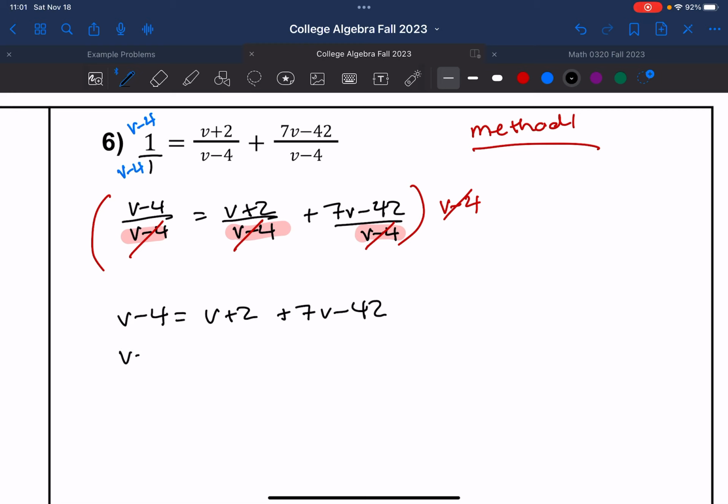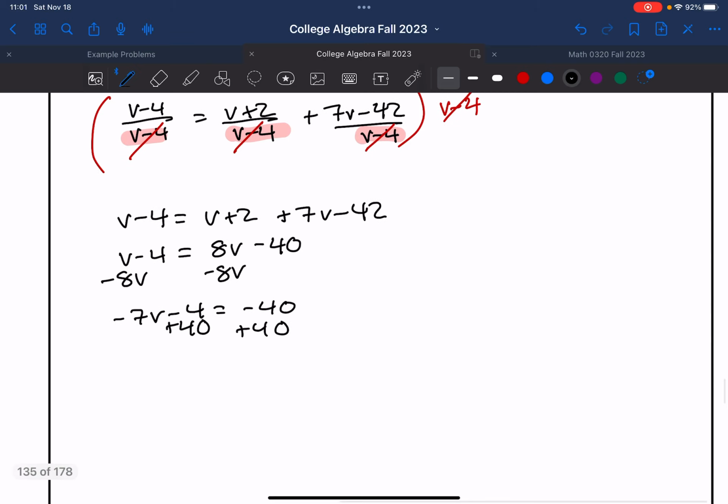So I have v minus 4 is equal to, I have a v and a 7v, so that's 8v, and a 2 and a negative 42, so that's a negative 40. And then I'm going to go ahead and subtract the 8v over. So I'm left with negative 7v minus 4 is equal to negative 40. Add the 40 over. And I'm left with negative 7v plus 36 is equal to 0.